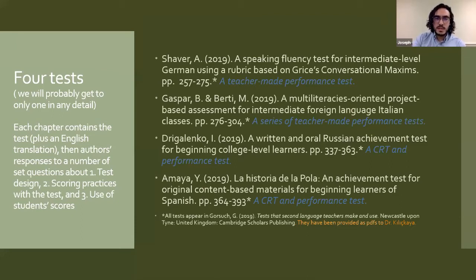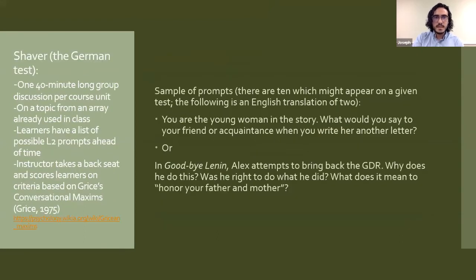So I wanted to take some time. I'm going to be introducing Dr. Anise Shaver's test, a speaking fluency test for intermediate level German using a rubric based on Grice's conversational maxims. So if we go to the next slide, here I'll be introducing Shaver's German test.